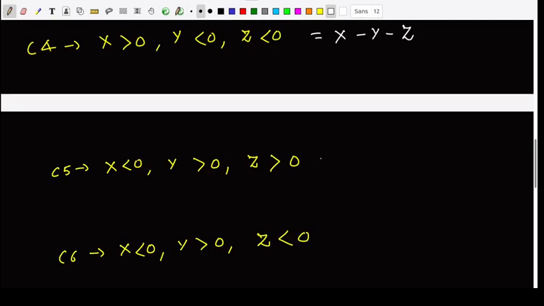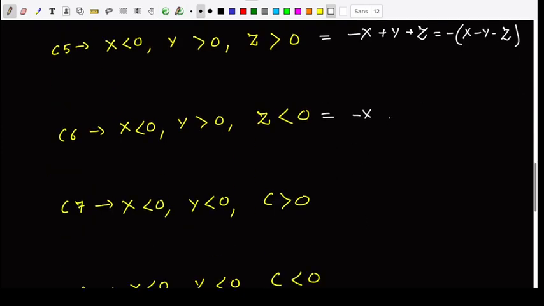Okay. Now let us expand this. This will be equal to minus x plus y and plus z. So let us rewrite it. We can take minus common, and this becomes x minus y minus z, right? And this will be equal to minus x plus y minus z, right? Let's take minus common, so x minus y plus z.